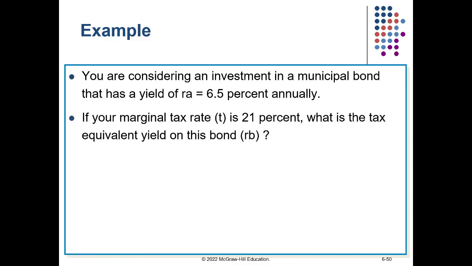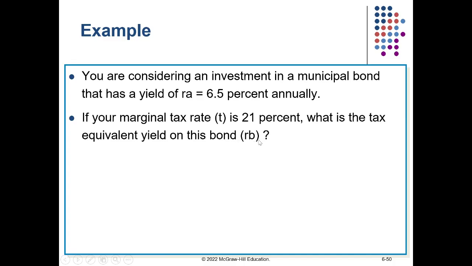Another exercise question. You are considering an investment in a municipal bond that has an after-tax yield, RA, equal to 6.5% annually, because it's a municipal bond. If your marginal tax rate is 21%, what is the tax-equivalent yield on this bond, which means RB?